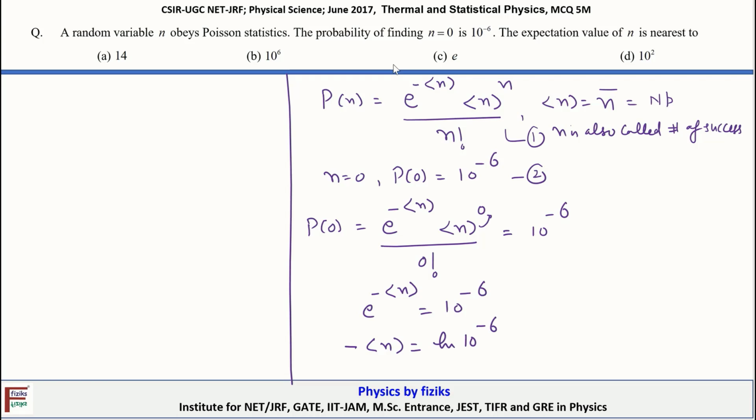This can be solved easily: minus n equals minus 6 ln 10. Minus and minus cancel, so the expectation value of n will be 6 multiplied by ln 10, which is 2.303. If you multiply these two numbers, we obtain 13.8 basically, and that's almost close to 14. Therefore A is the correct option here.